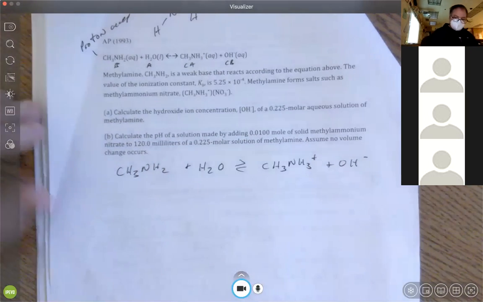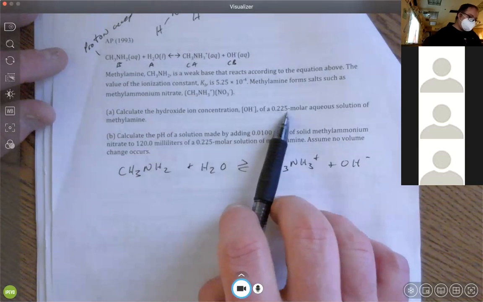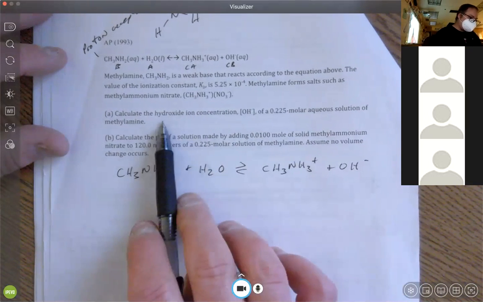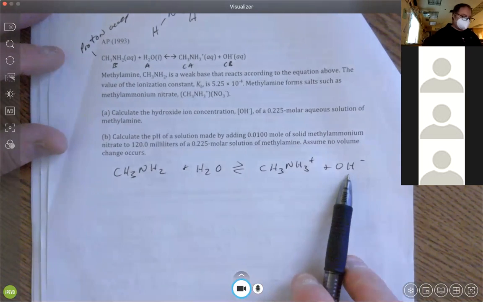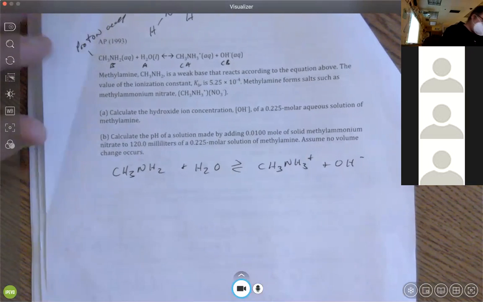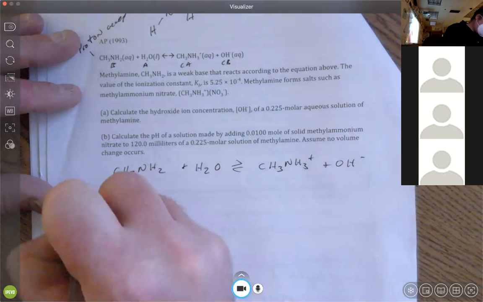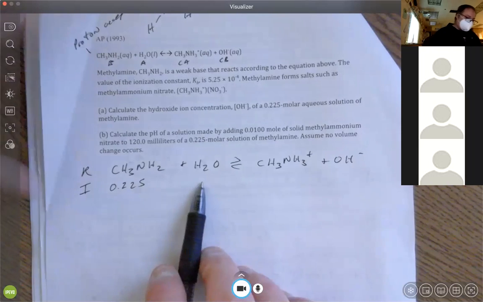We have a 0.225 molar aqueous solution, and they want us to calculate the hydroxide ion concentration. So we are starting this solution with this many of this guy, and that will be our initial. And we don't care about H2O.